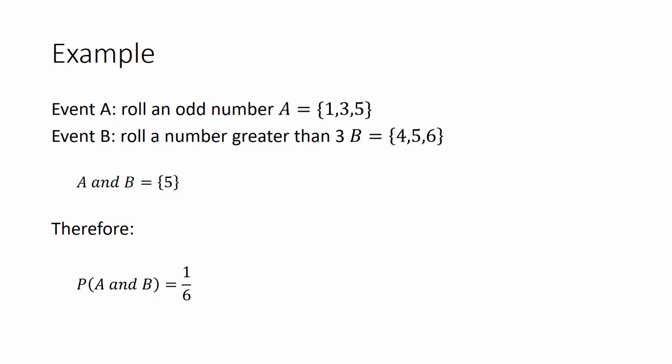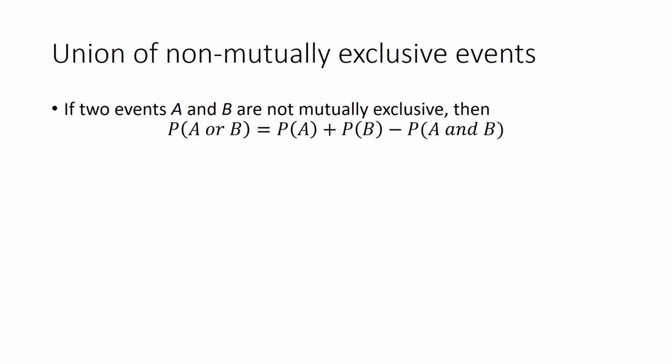Alright, now when we have such probabilities, we have a very useful formula that allows us to connect the OR calculation, the union, with the AND calculation, the intersection.